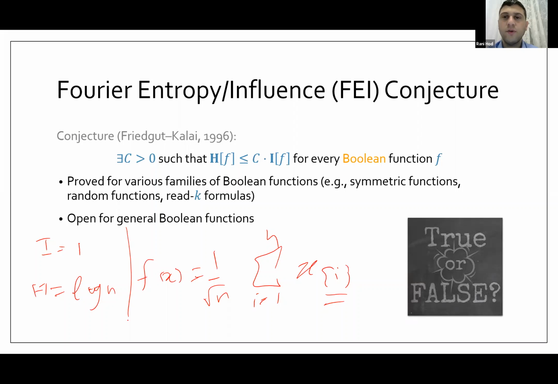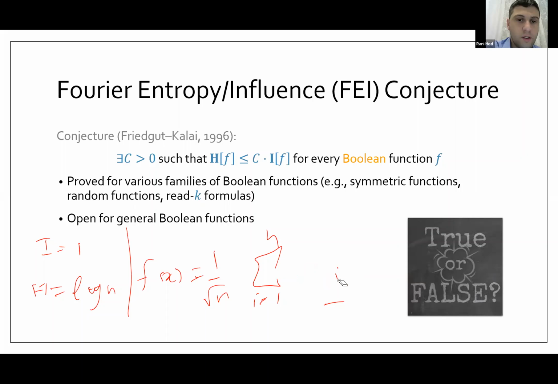So if the influence measures how many members there are in the set, and I use log n bits to write a number for each of these, then I can just transmit the set itself, writing all the numbers in the set. So this can be formalized, and this is true. But we believe the conjecture says that we can actually do this with a constant number of bits per element. You don't need to use log n bits to write down the specific element between 1 and n.